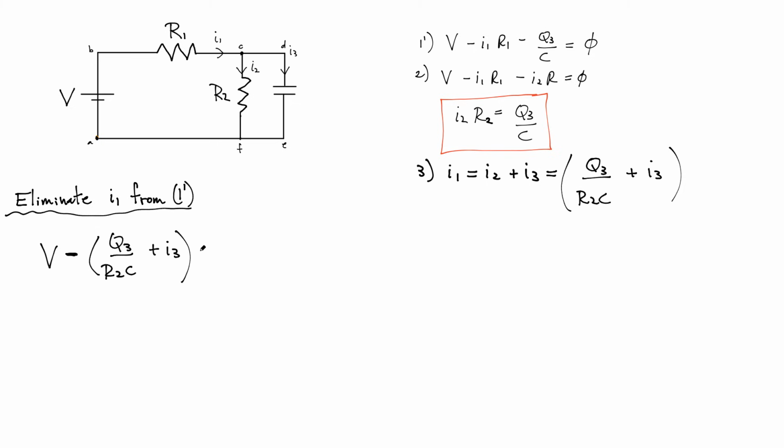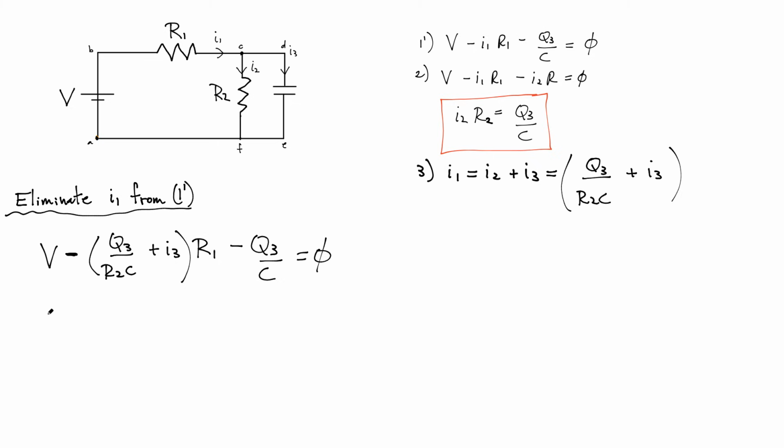All of that is being multiplied times the resistance R1, and minus Q3 divided by C equals 0. What I like about this equation is that it's all in terms of either the current in this outer branch or the charge in that outer branch. So we can do a little bit of algebra now to simplify this equation.